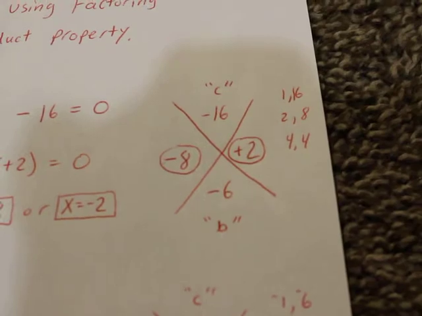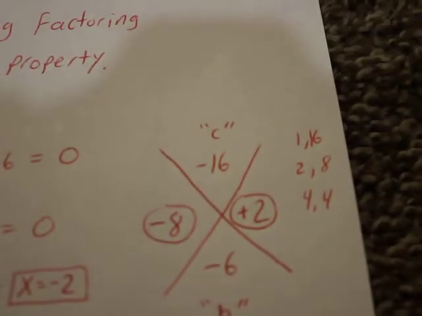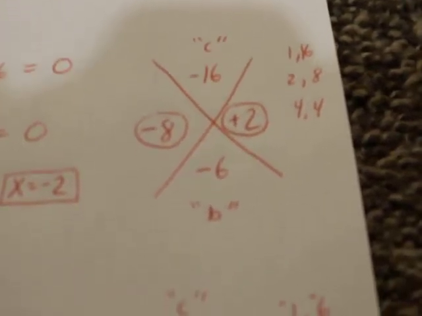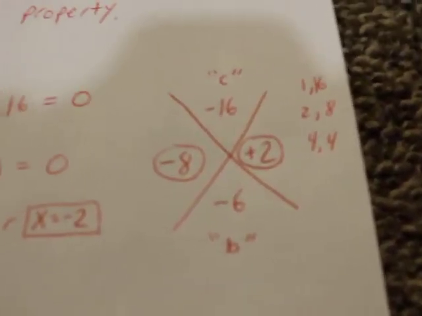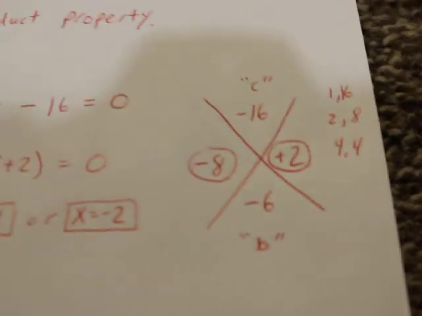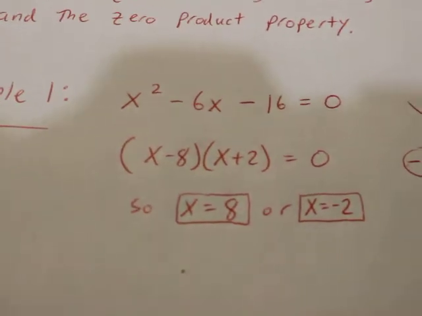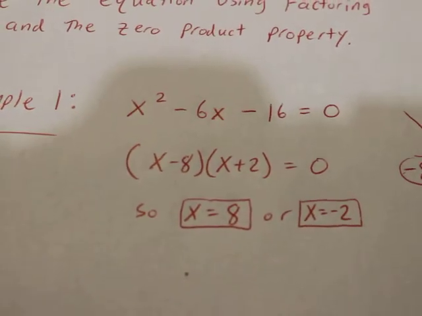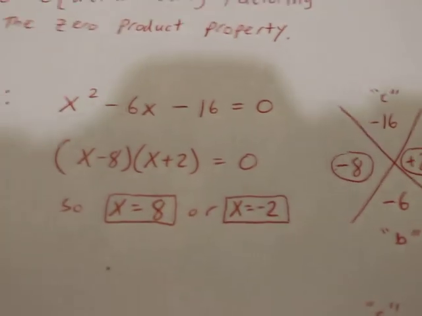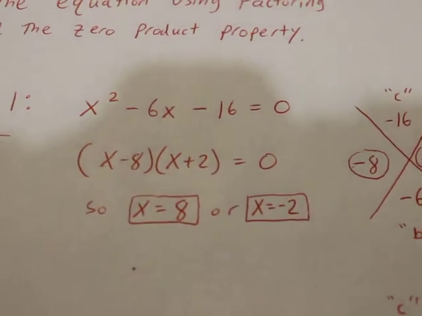So that's the goal. The goal is to try and find the two numbers that multiply to give you this and add to give you this. And then you just put those on the other side of the x, and those are what go in our binomials. So I have x minus 8 and x plus 2. Okay?